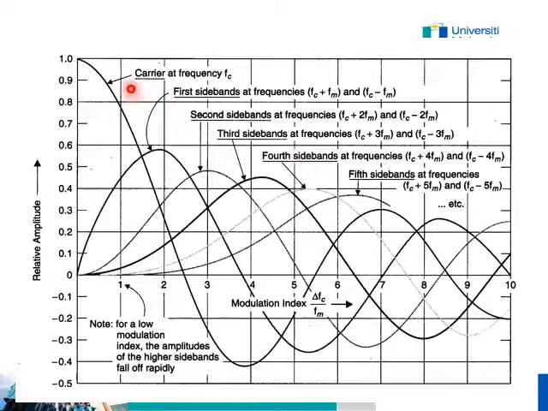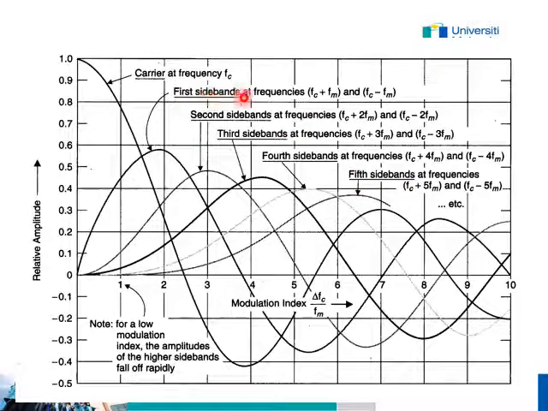We can see here again, this is the carrier, not a sideband: omega naught, or omega c, J naught, omega c. This is the first sideband, second sideband, third sideband, fourth sideband, and so on.